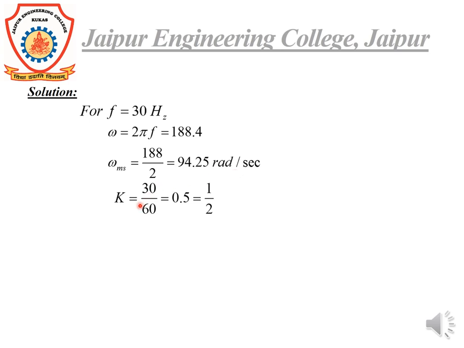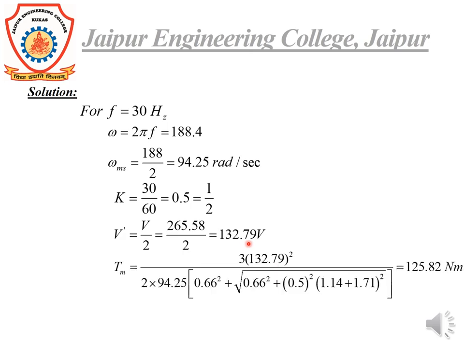Now we have to calculate the value of k, since k is the new frequency upon the fundamental frequency. So we will get 0.5, which is 1 by 2. We multiply k and the voltage to get the new voltage. So the new voltage V dash will be 265.58 divided by 2, the voltage we calculated earlier. So we will get 132.79 volt.